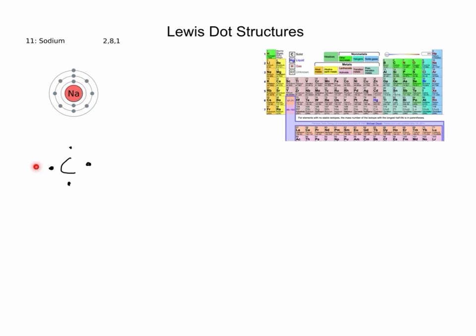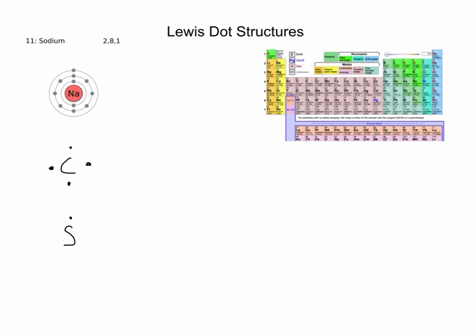Notice how I put 1 electron on each side of that carbon. This is to follow Hund's rule, where I put 1 electron as far apart as I can from each other in the same energy level before I pair them. So if I look at a bigger atom, let's say sulfur, sulfur is in the 1, 2, 3, 4, 5, 6th tall column, so that means it has 6 valence electrons.